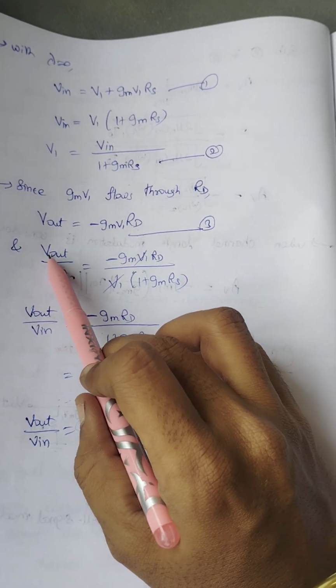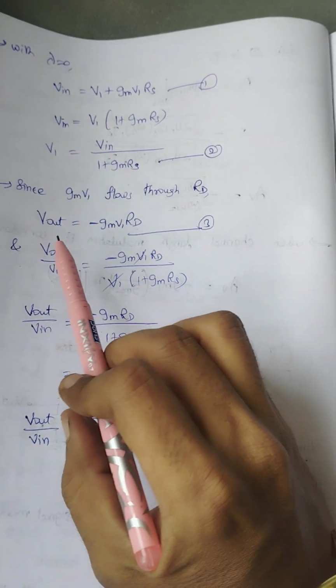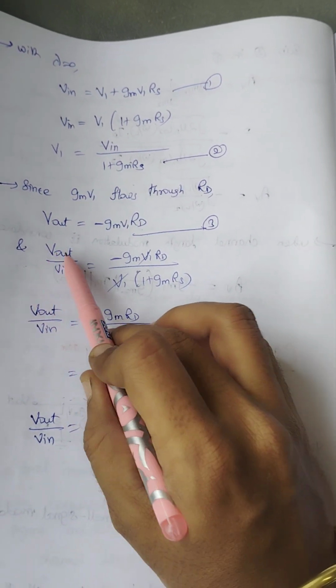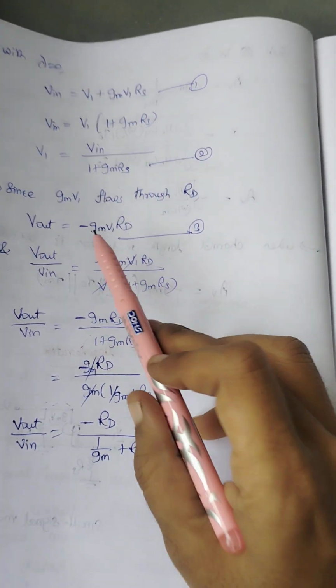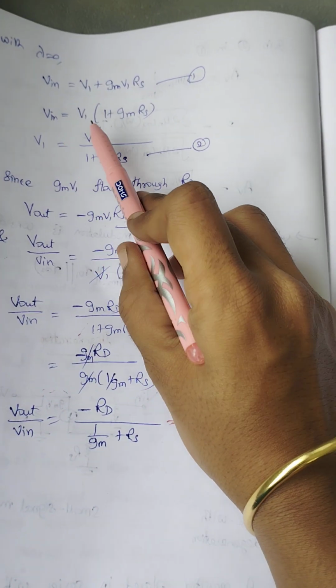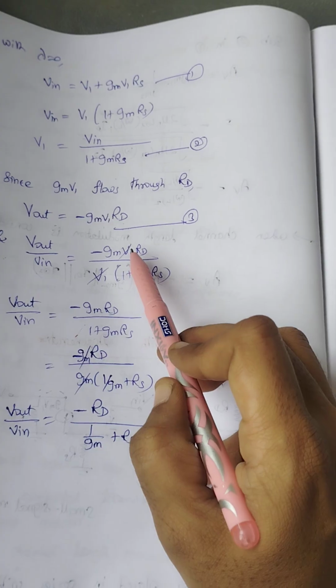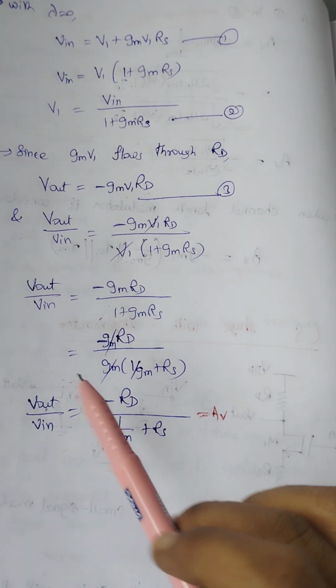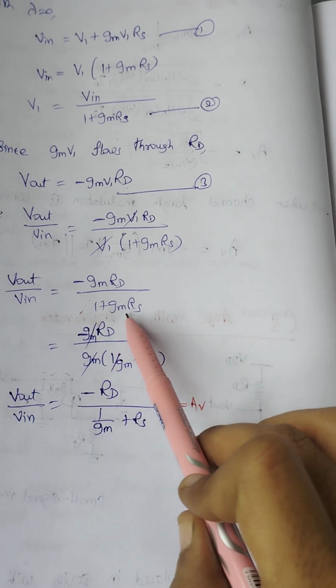Here to find AV, we have Vout and Vin. What is the formula for finding AV? AV equals Vout by Vin. You can substitute the Vout value and Vin value. So Vout equals minus GMV1 RD divided by Vin, that is V1 into 1 plus GMRS. Here we can cancel V1. So finally we have Vout by Vin equal to minus GM RD divided by 1 plus GM RS.